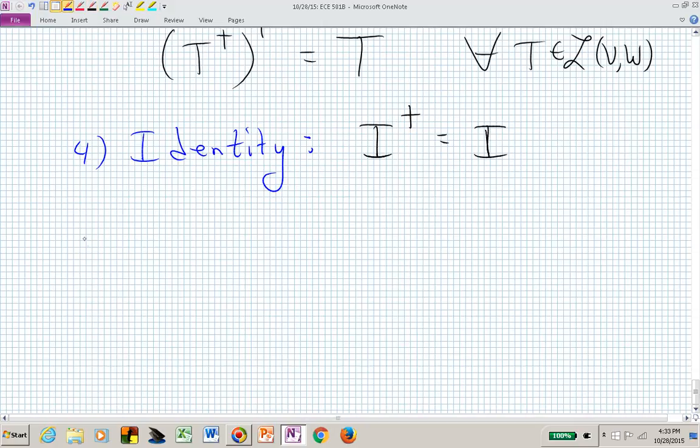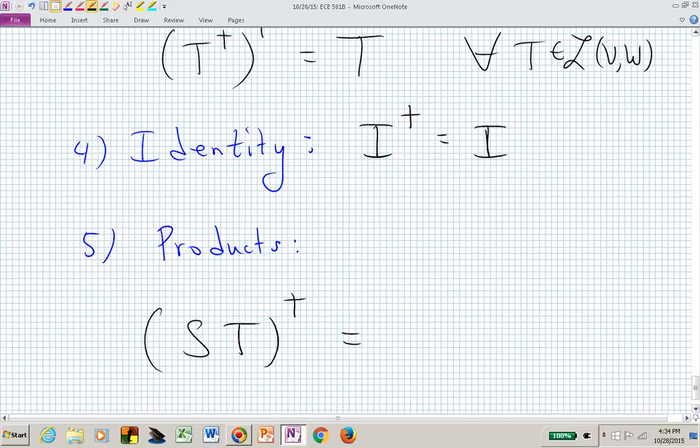One more, and that's dealing with the products of maps, or the composition, however you want to think of this. What if I take the linear map T and then take the result of that and apply the linear map S, and now take the adjoint of that? This is similar to what happens when you take the transpose of matrices or take the inverse of matrices.